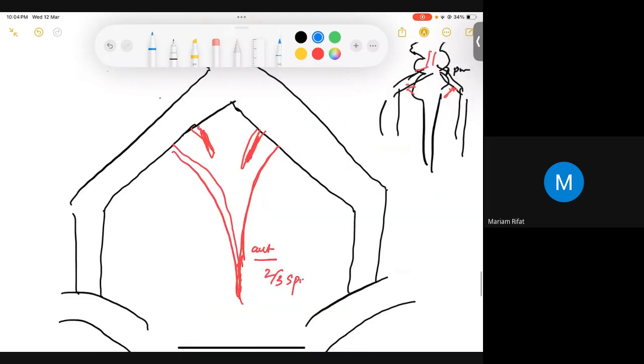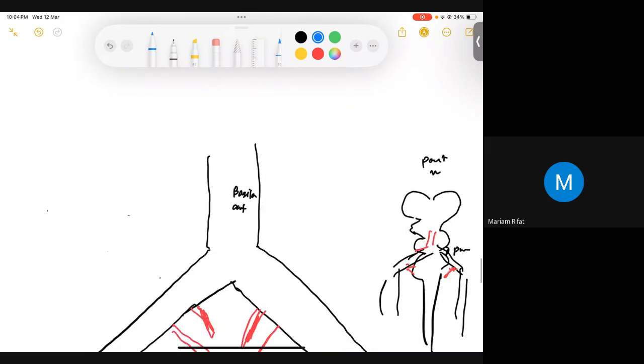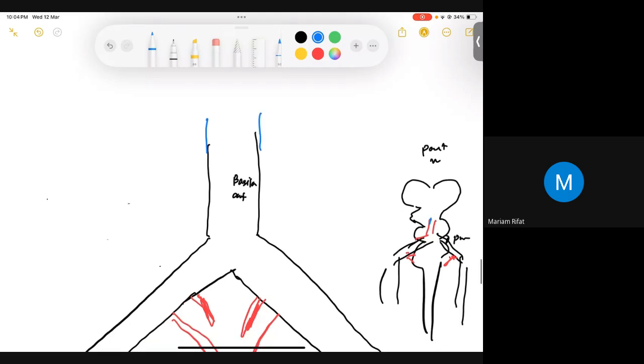Simple, right? So then, as the vertebral arteries combine, they form the basilar artery. The basilar artery is going to move forward. It's going to give small pontine branches to the pons, but along with that, it's also going to give branches to your cerebellum, right?